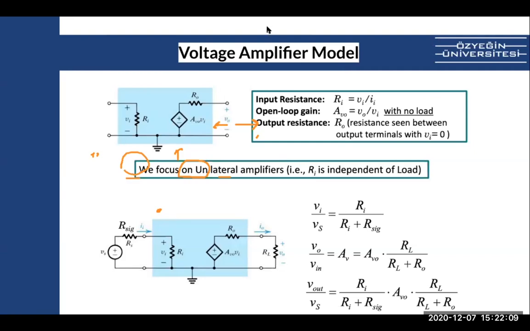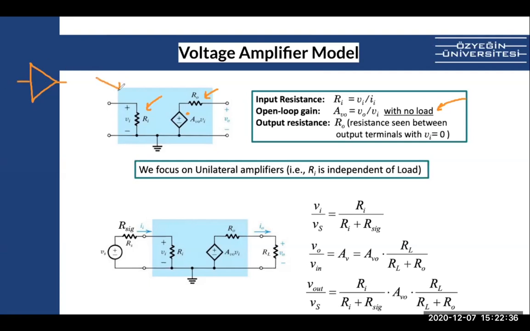When we look at the voltage amplifiers, we already defined these parameters before. There is input resistance, there is output resistance, and there is the open loop gain with no load, okay? Same with the transistor amplifiers. So we were always looking at the op-amp like a black box. We were not really looking at the inside.